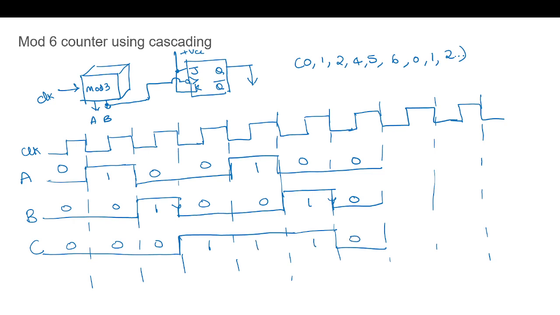So with this, you can see it is 0, 1, 2, 3, 4, not 4, 3 is skipped, 4, 5, 6, and 0. So this 3 state is getting skipped in this way of cascading.